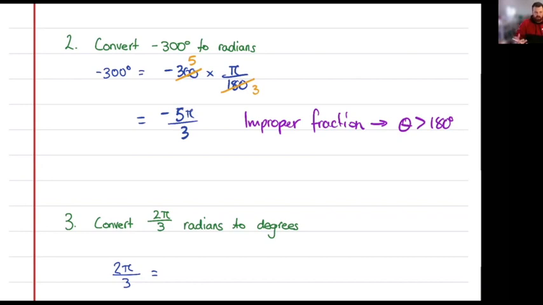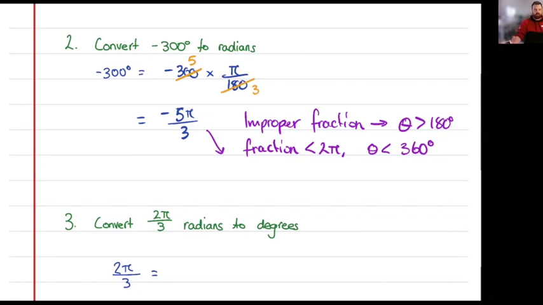But because the fraction is less than 2 pi, it's less than 360 degrees. I can write that better. Theta is going to be less than 360 degrees.